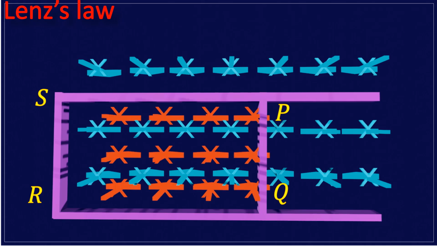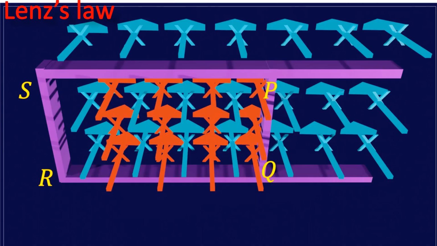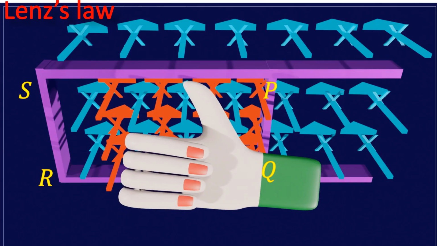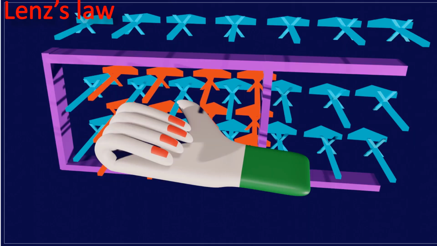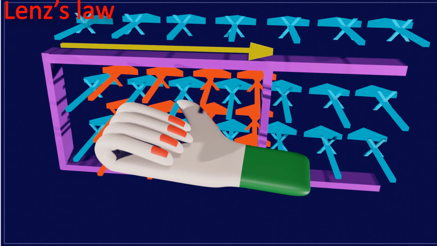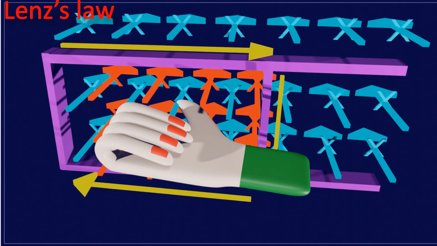These magnetic field lines are in the inward direction, that is, the direction of the existing magnetic field. Therefore, the flux decrease is opposed by the flow of induced current. From the right hand thumb rule, we can find the direction of the induced current, that is, it flows in the clockwise direction.